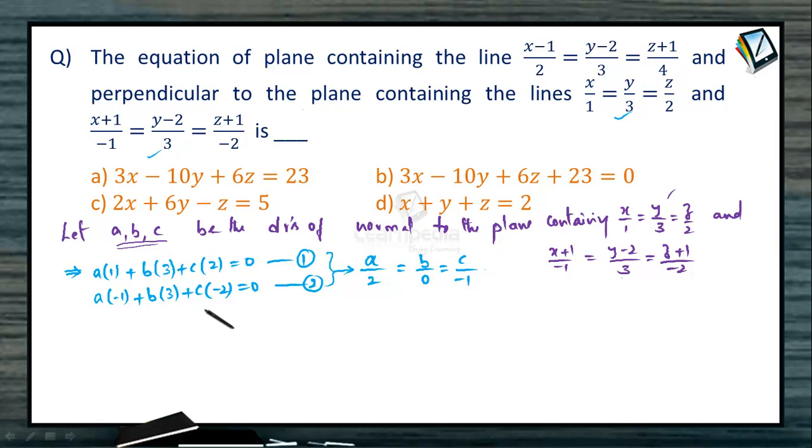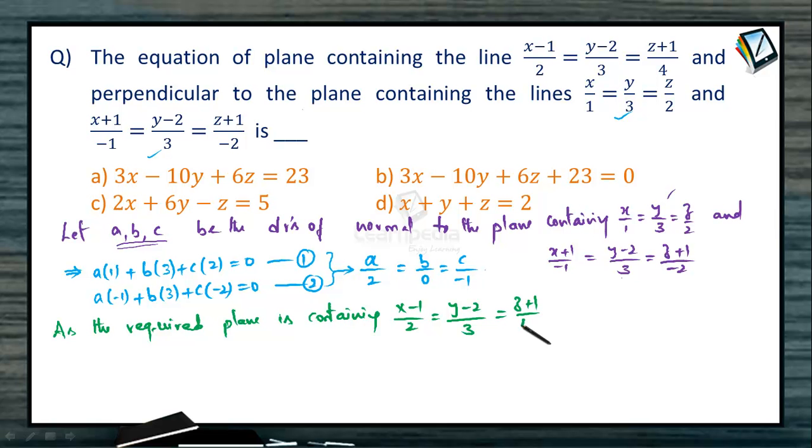So can we write the equation of the required plane now? As the required plane is containing the given line which is (x minus 1)/2 equal to (y minus 2)/3 equal to (z plus 1)/4. When do we say a plane contains a line? Yes, every point on the line must be a point on the required plane. And if you observe here, (1, 2, minus 1) is already a point on the line.